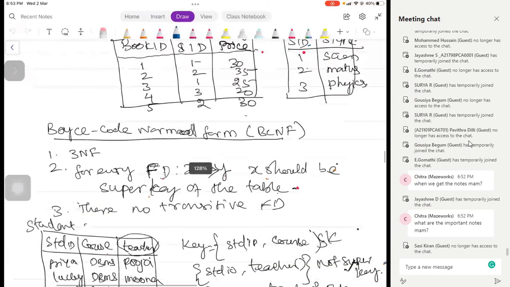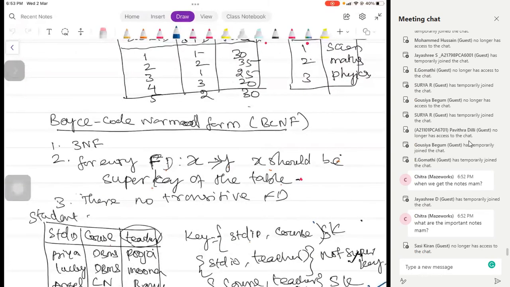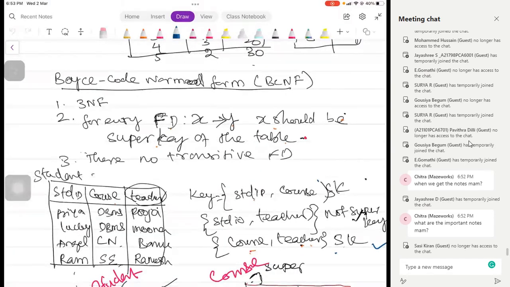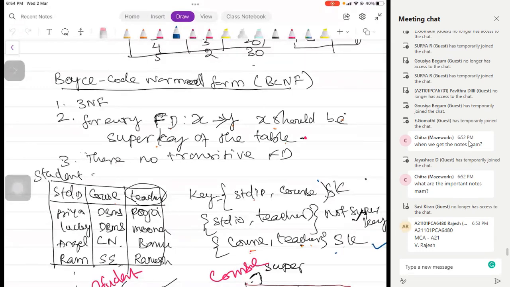Next, Boyce-Codd normal form. What is Boyce-Codd normal form? This is 3, it should be in third normal form. For every functional dependency, X should be a super key of the table. X tends to Y, X should be a super key of the table.